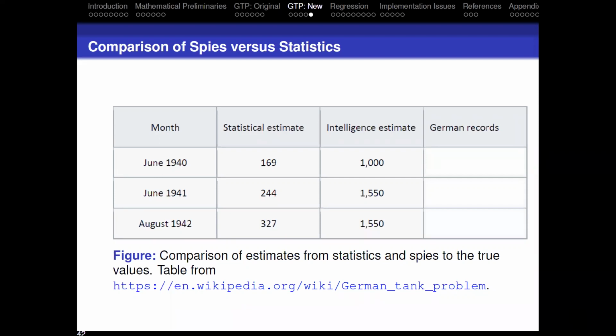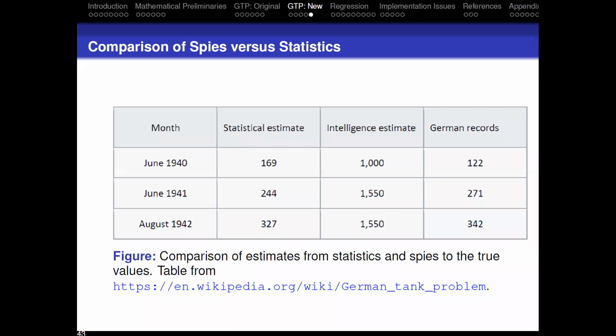It's also a little bit interesting as to these nice round numbers for the intelligence estimates. 1,000, 1,550. After the war, there was access to the German records, and you can see the incredible fit that the statistical estimates had versus the intelligence estimates.